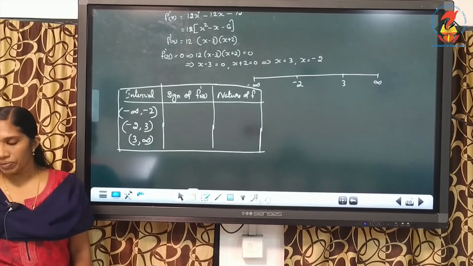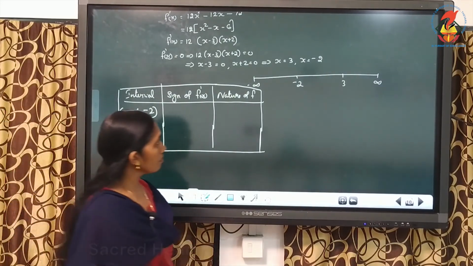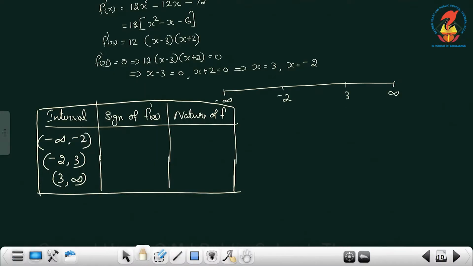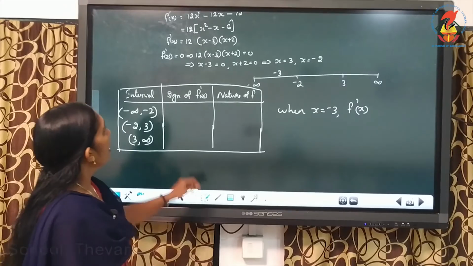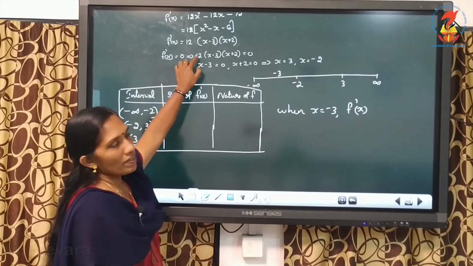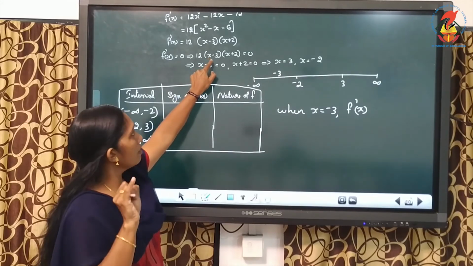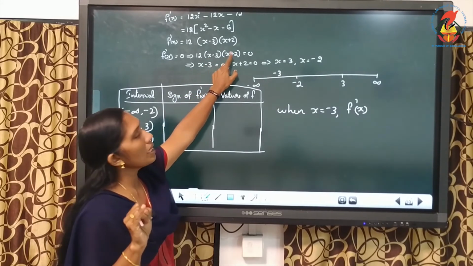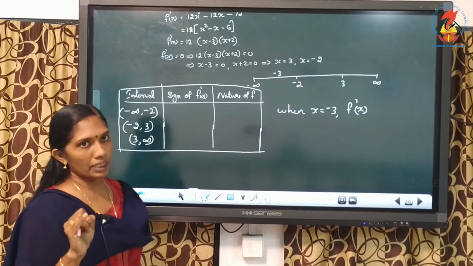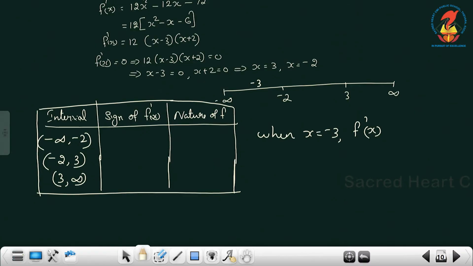Now for minus infinity to minus 2, take a point from that interval, I can take minus 3. So when x is equal to minus 3, what is f dash x? 12 is positive. x is minus 3, minus 3 minus 3 becomes negative, minus 3 plus 2 becomes negative. So negative of negative becomes positive.